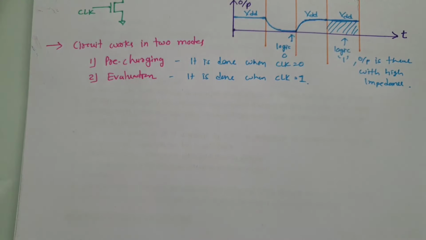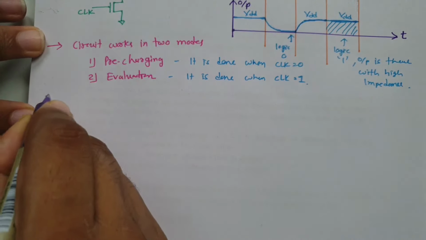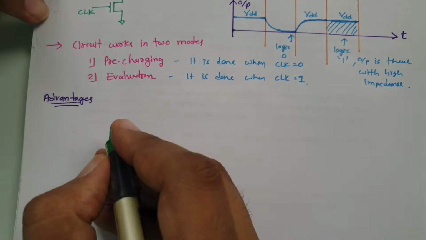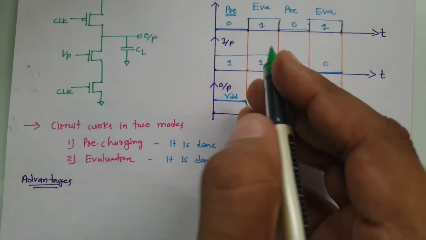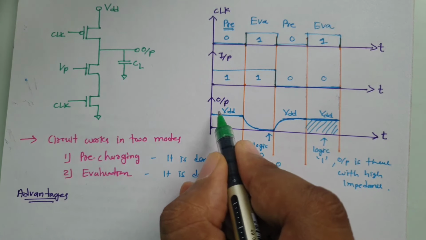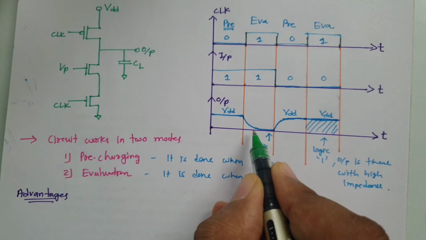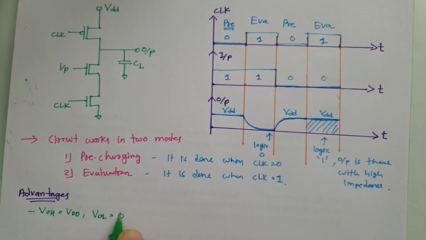Now I'll explain the basic advantages and disadvantages of dynamic CMOS. When we talk about advantages, for one stage of dynamic CMOS, maximum output is VDD and minimum output is ground, right? So we can say VOH is VDD and VOL is 0.